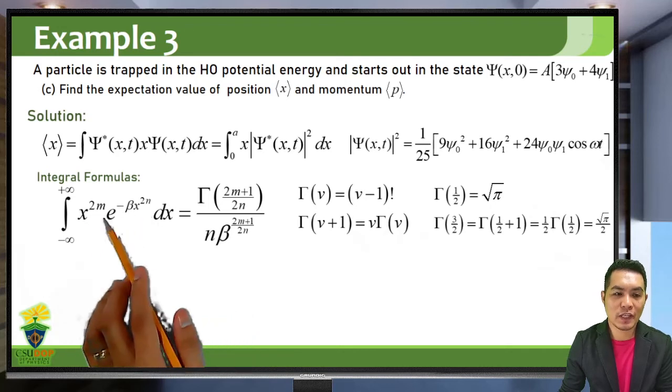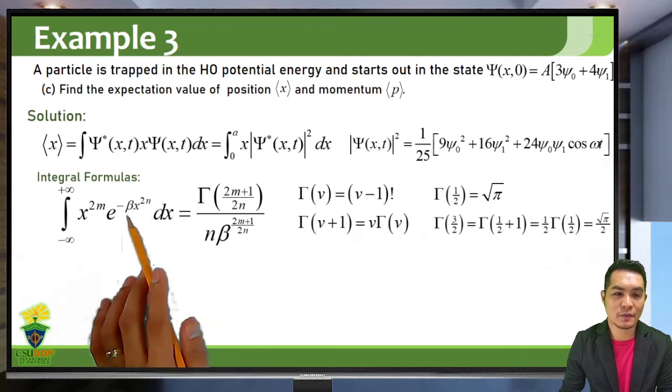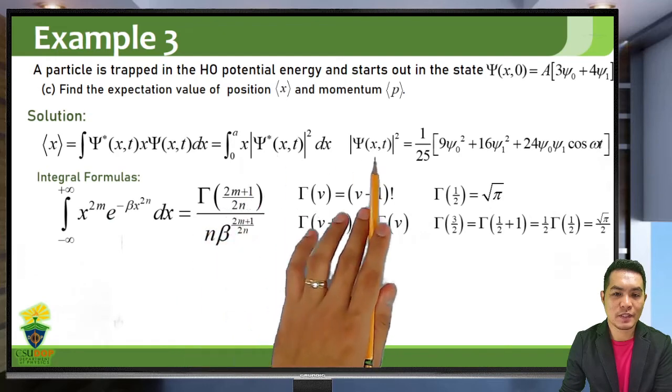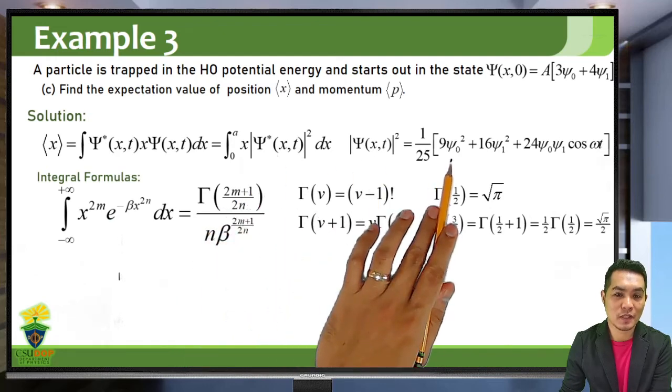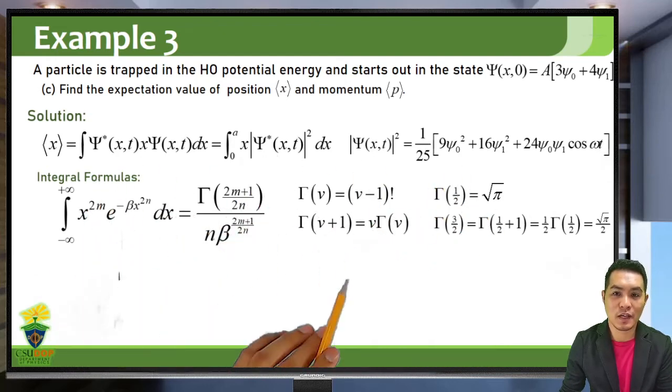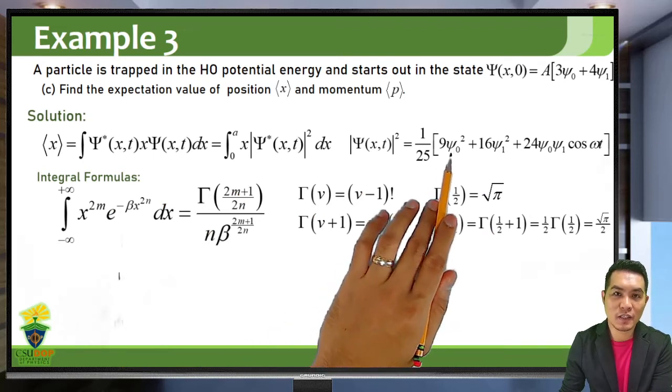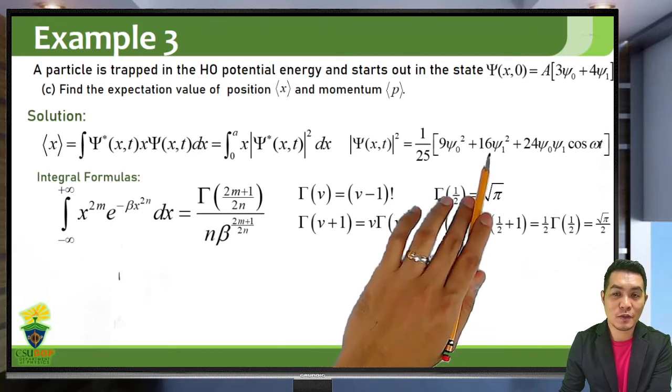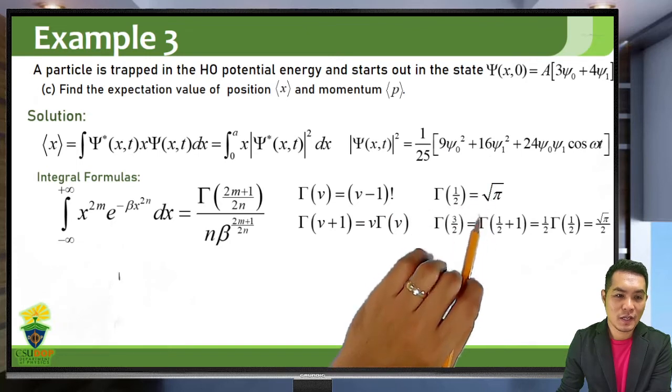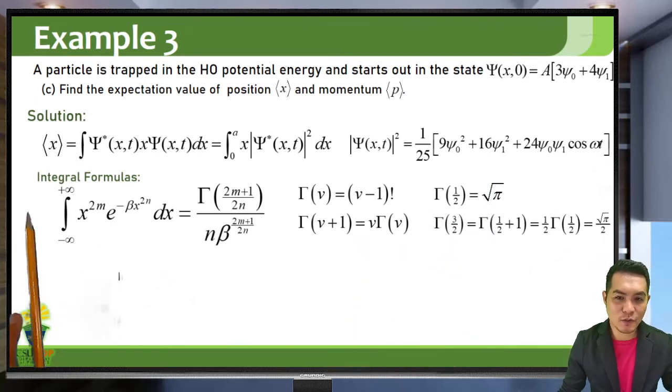So you will encounter integrals of this form: x times psi naught squared, where psi naught is your ground state. So you need to use the ground state form, which we have obtained before, and also psi 1 from our first example.